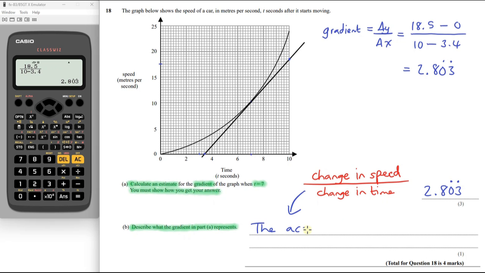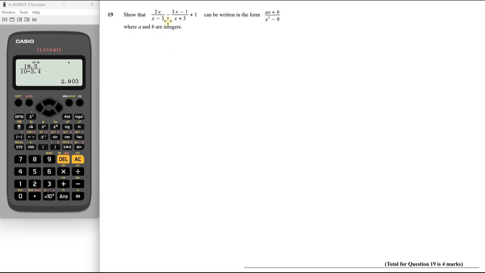So what we calculated, this figure, is the acceleration of the car. And you probably don't need to say of the car, but you definitely need to mention acceleration to get the mark.